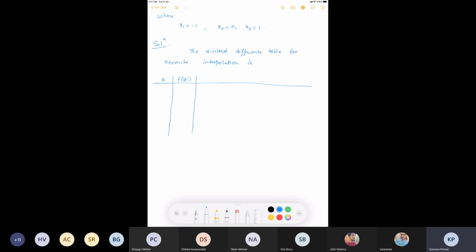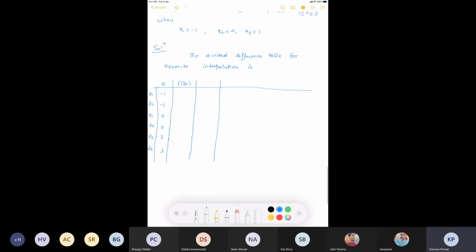Z1, Z2 will be the same as x1, x1, so I will have this as -1, -1. Then 0, 0 for Z3, Z4, and Z5 and Z6 are 1 and 1, which is basically the same as x1, x1, x2, x2, and x3, x3.